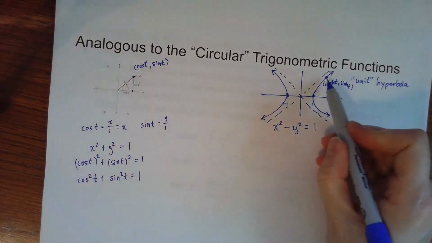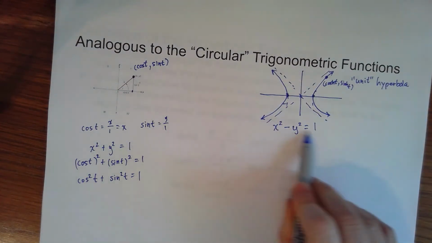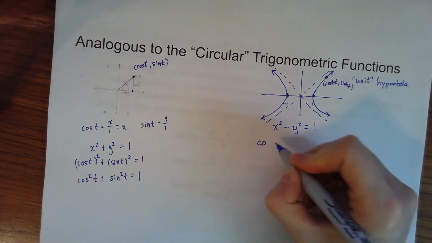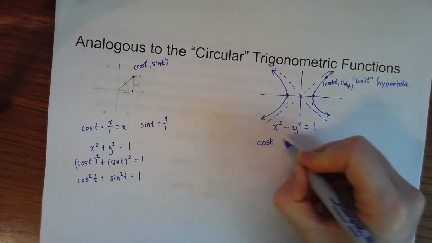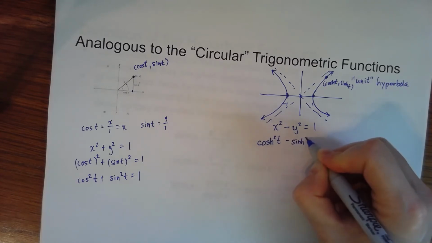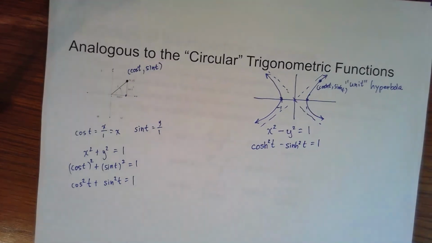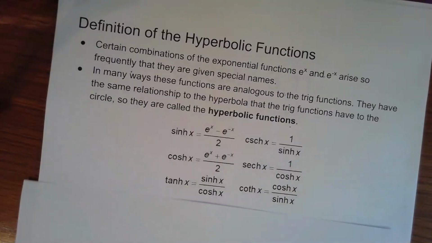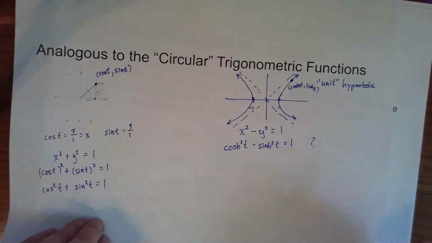And it's on the hyperbola, so it has to satisfy this equation. So we'd like it to be that cosh squared of t minus sinh squared t equals 1. Now, is that actually true? From the definitions that we saw on this page, will that actually work out?